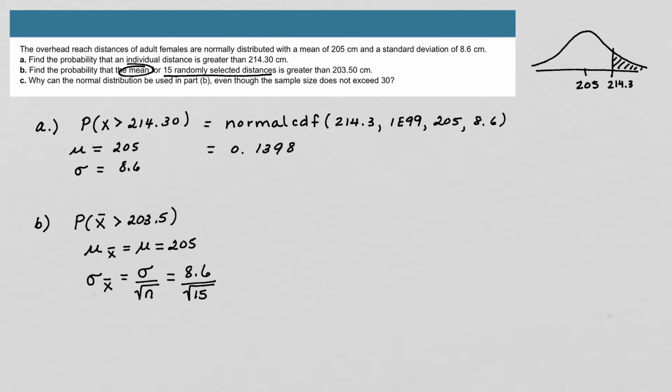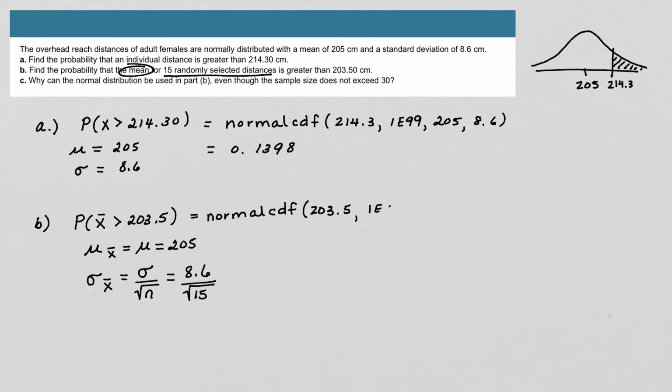So this one does not work out very nicely. Sometimes your sample size is a perfect square, and you can take the square root easily. In this case, it's not. So when I put this into the calculator, and again, I'm using the normal CDF function because it's calculating a probability. And my lower bound is, in this case, 203.5.